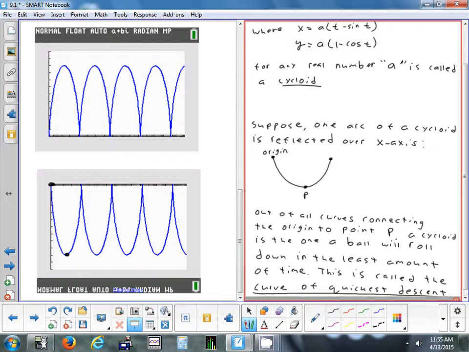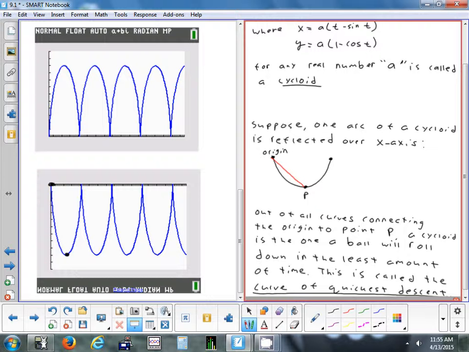Meaning that if you have an object at the origin, right here, and it's going to roll down that curve, there's no faster curve than a cycloid for it to roll down. I don't care what other ways you try to connect the origin to point P. If you draw a straight line, and you let the ball go and I let the ball go, the cycloid's going to hit it first.